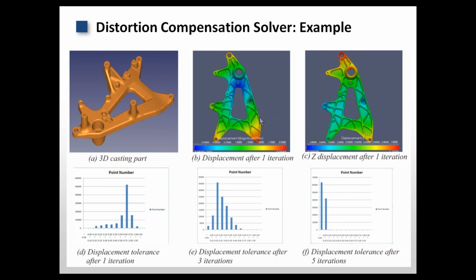After the compensation, this is the first round, the first iteration, and the second iteration. You will find most of the areas have a lower deformation. So we could make a lot of iterations to get better results if this case is capable of compensation.